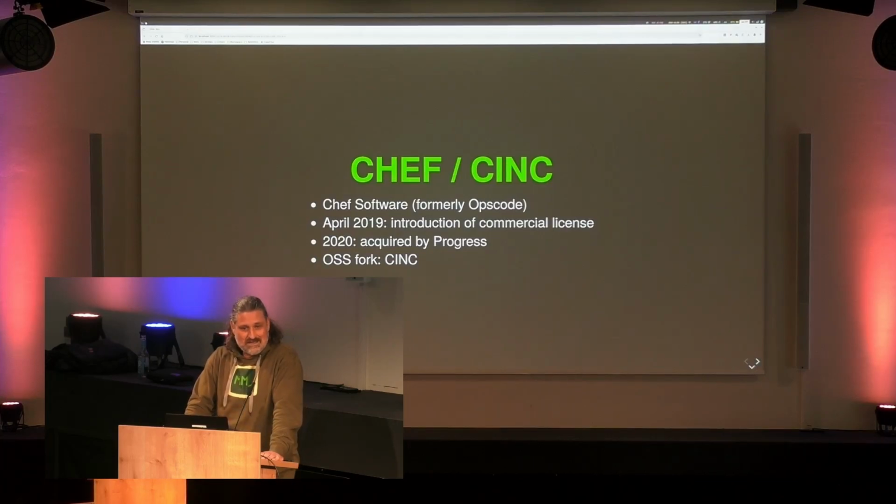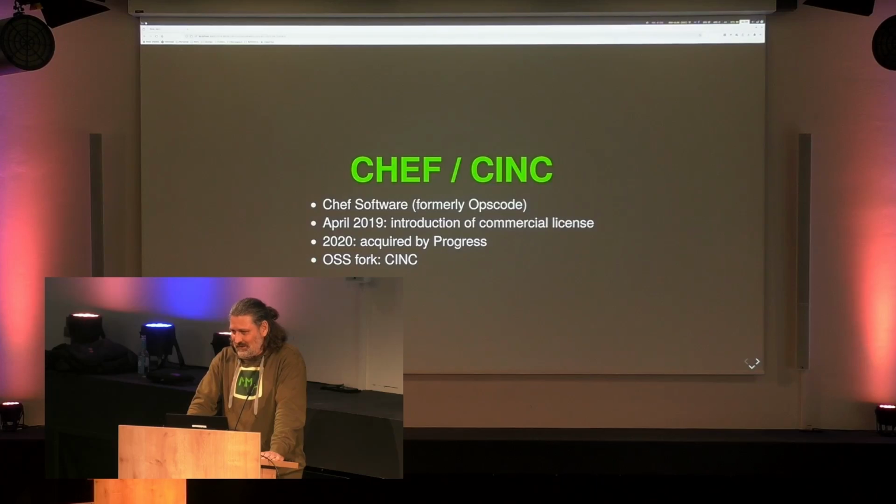In April 2019, Chef Software made a change to their licensing where they said, okay, we'll move all our software licenses to the Apache license, but distributions of that software need a commercial license if you use them in a commercial setting, which means you would either have to package Chef software yourself and become a software maintainer instead of a software user, or you would have to pay.